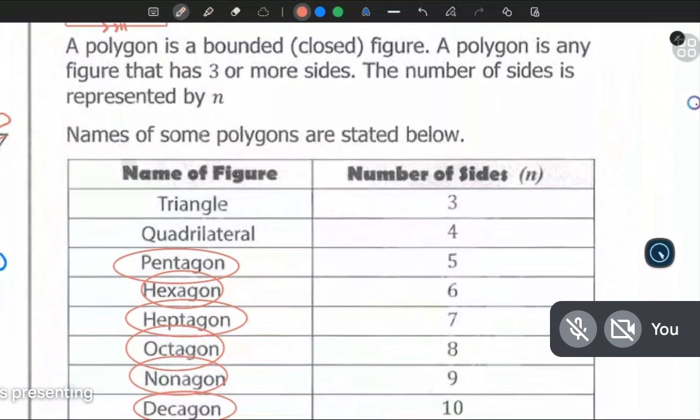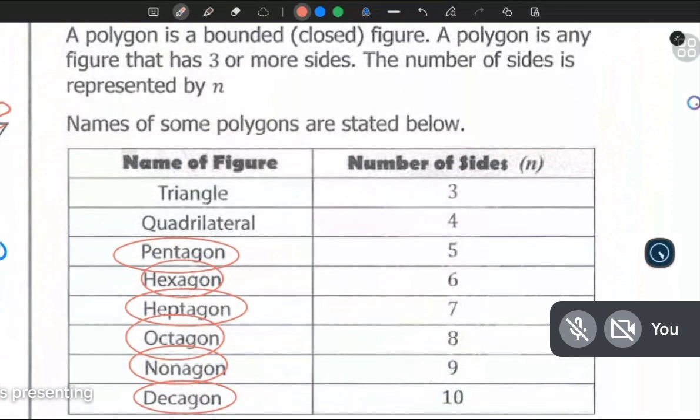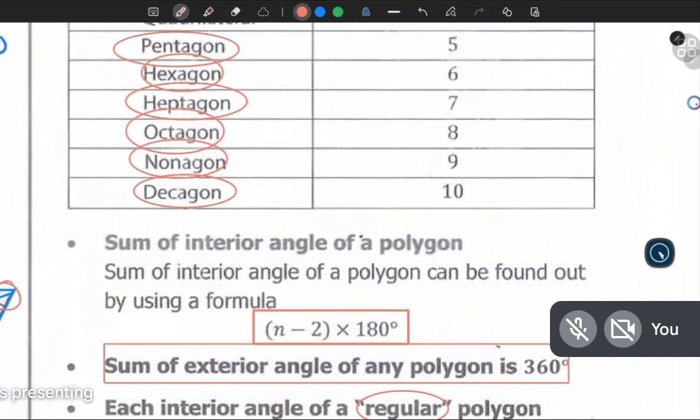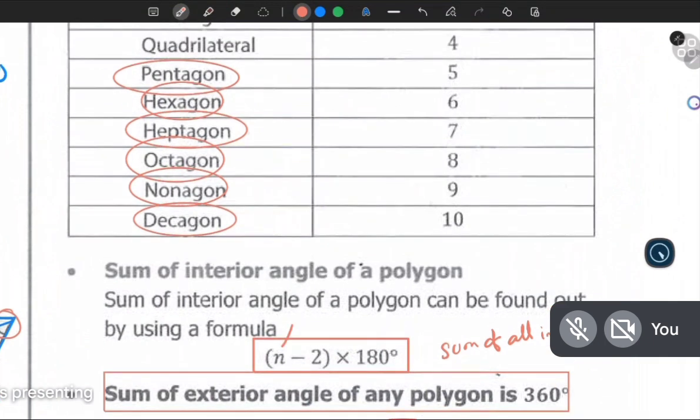This is what you're doing at the moment. Polygons. Polygons have this formula that you need to remember when we're looking for the sum of all interior angles. You can see here n is in the formula. So what does that n represent?